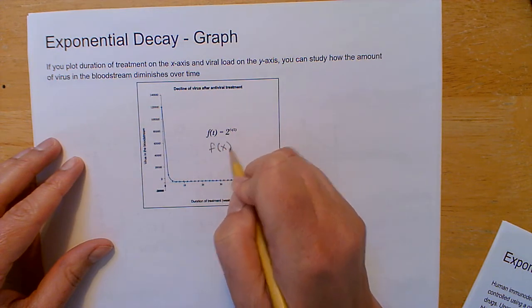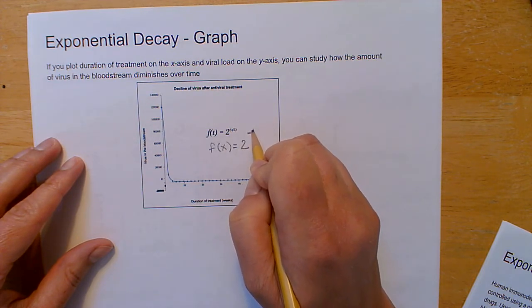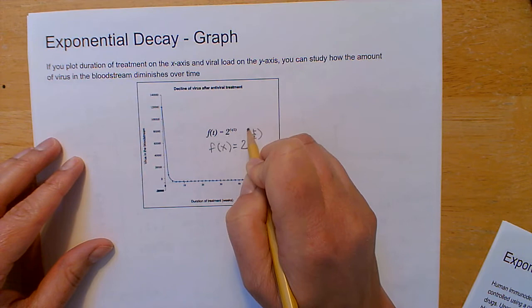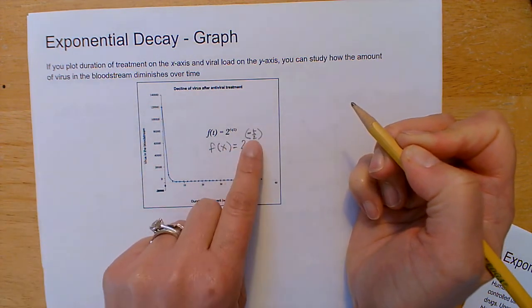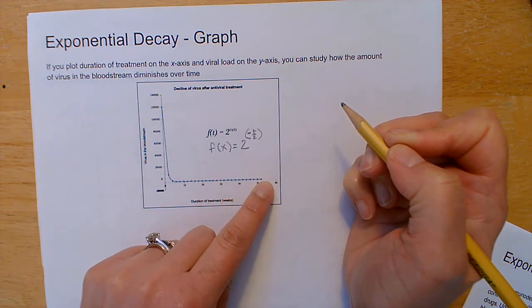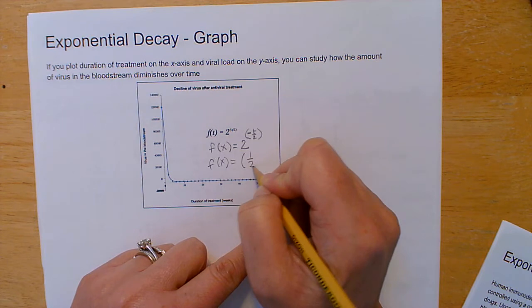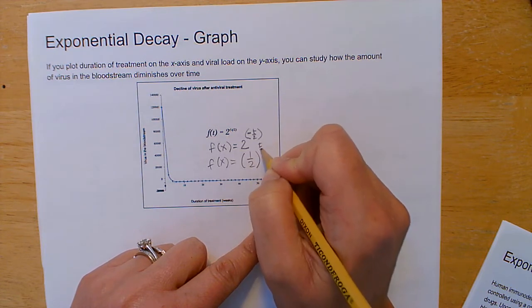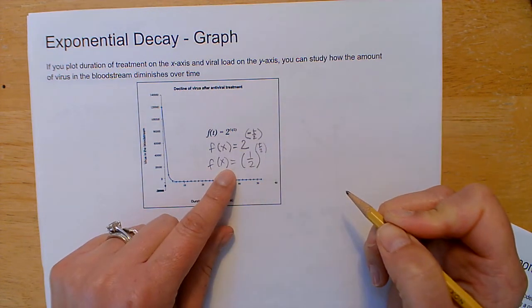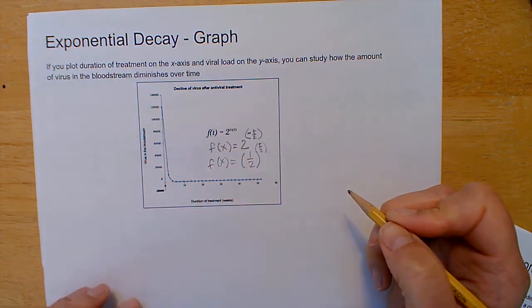This is actually f(x) = 2 to the negative t divided by 2. That's really what that was. There was a negative in that exponent. So this is decreasing. And so if we took that negative out of the exponent, this would really be written as f(x) = (1/2) to the positive t divided by 2.